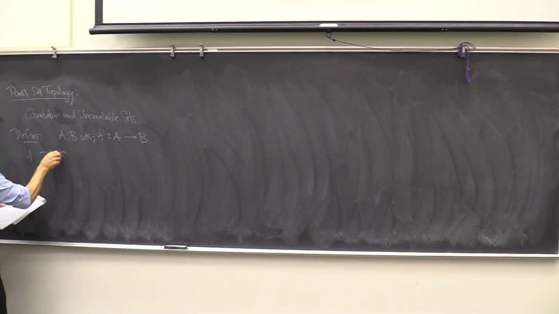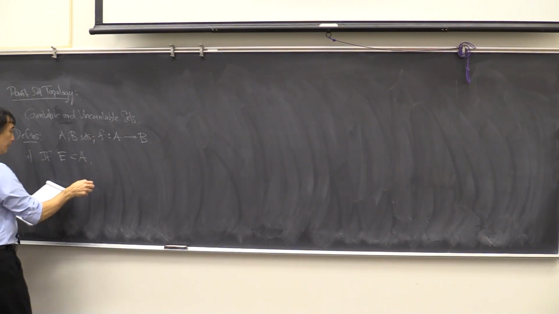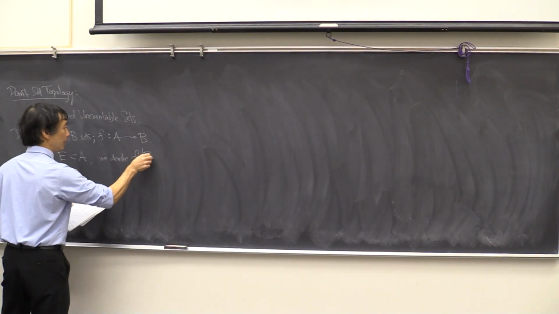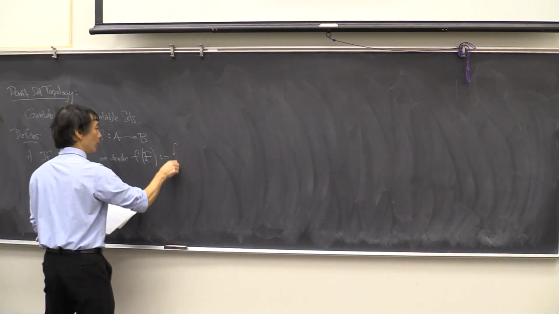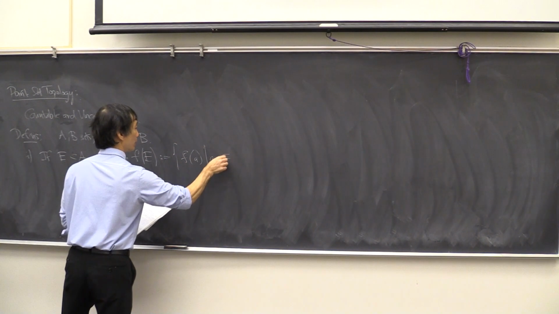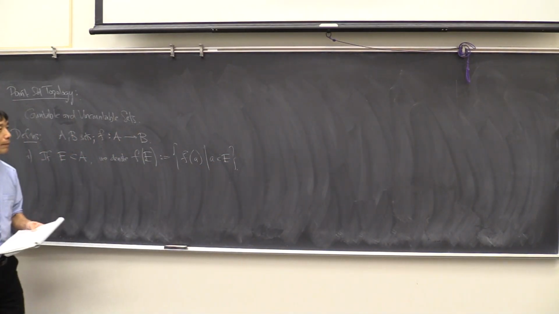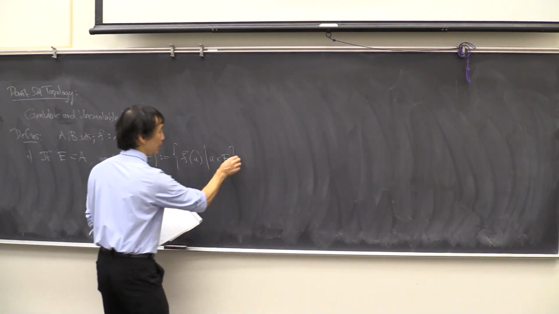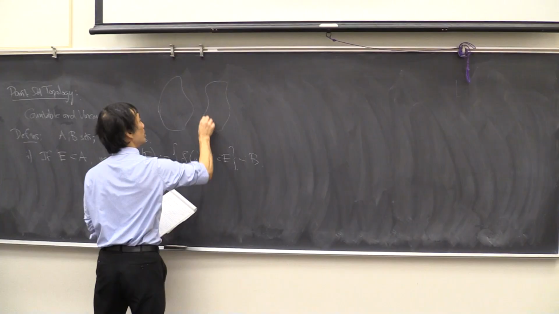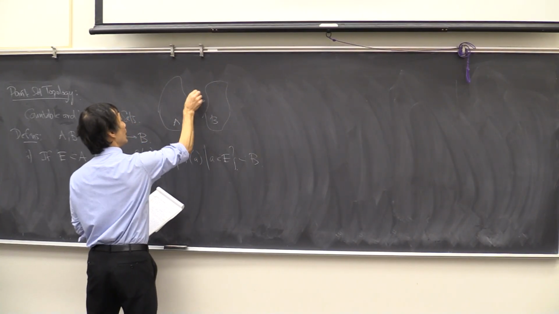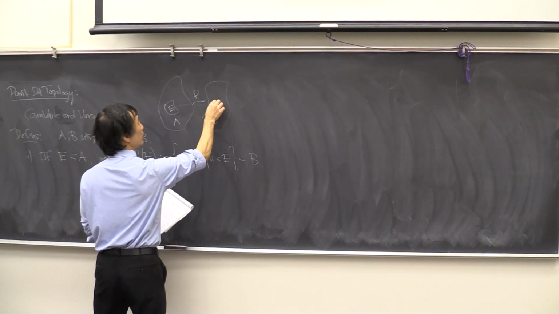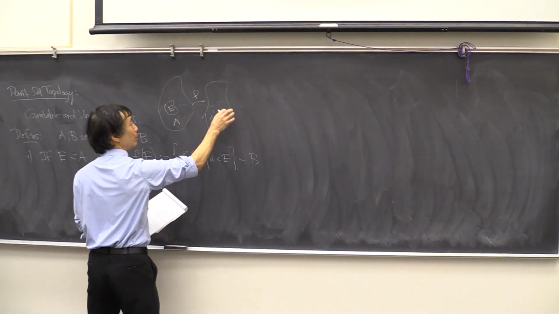If E is a subset of A, then we denote f of E to be all the points f of a where a is in E. This will be a subset of B. So here's A, here's B. f is a map from A to B. E is some subset, and you're looking at all the things that you get when you take the points of E and map them through f.